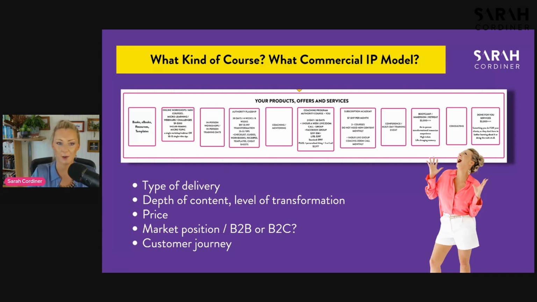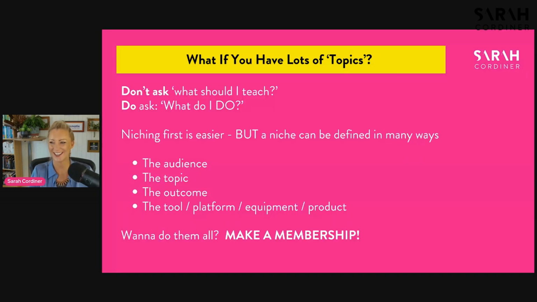So for me, I focus on one, which is my membership. My Legends Lab is my main hero product. I do offer all of the other versions to people if the membership isn't for them. But I just want to give you some ideas, some things to think about as to what you might create and what you might turn your knowledge into, so that you're not swapping it for cups of coffee in busy cafes.